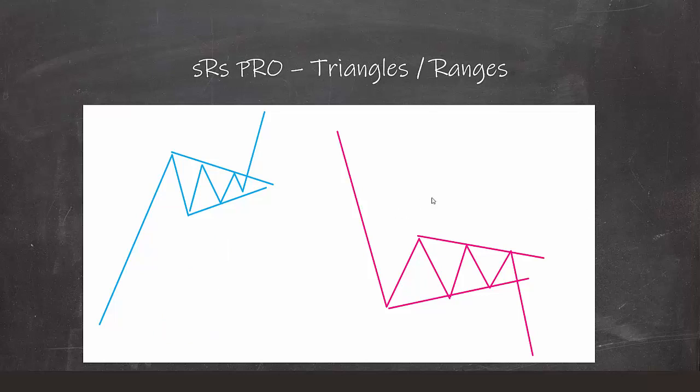And here is another thing. My suggestion: the classical triangles are those that on the lower time frame, each of these legs you would be able to see as 2 waves. Sometimes you will see it in 3 wave movements.